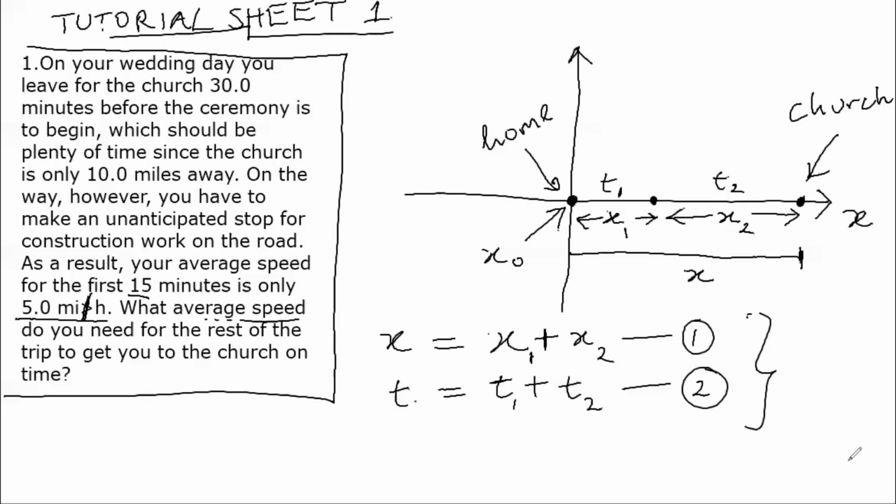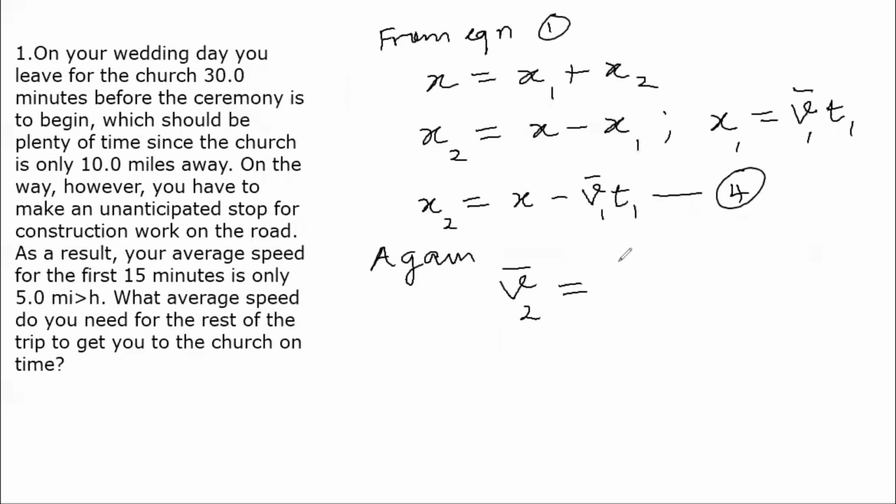So I will say V2 is the total distance that has been covered, which is x minus x1, over the time that has been taken, which is t2. If you look at the numerator, this x minus x1 is nothing but x2, from the diagram.